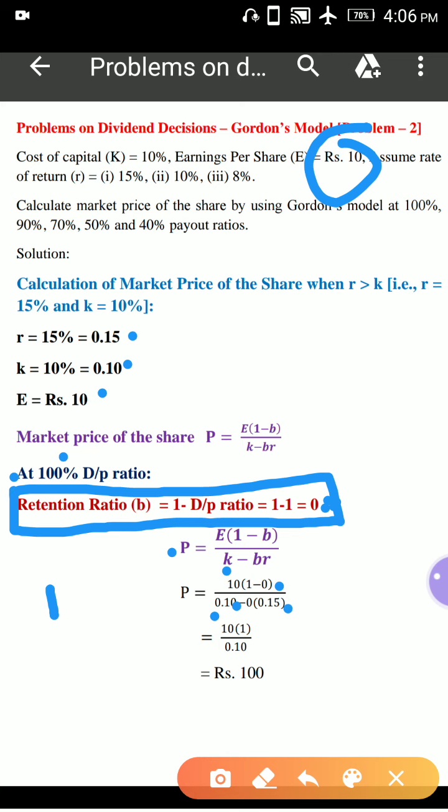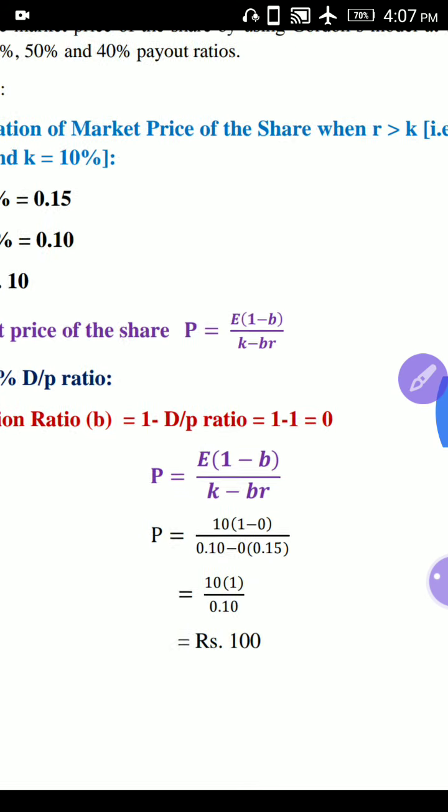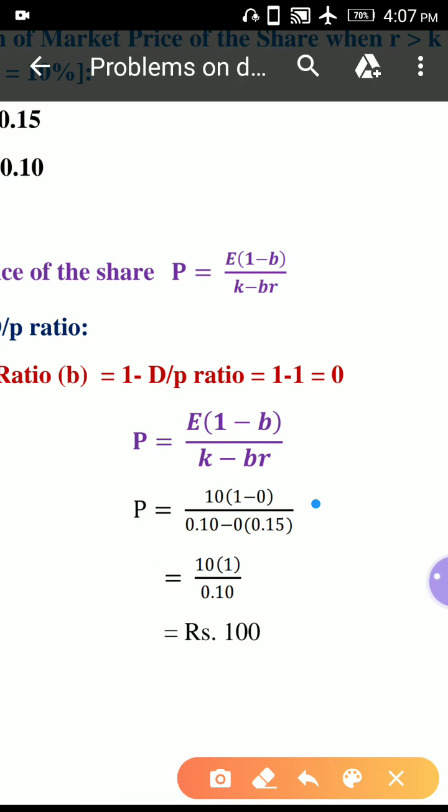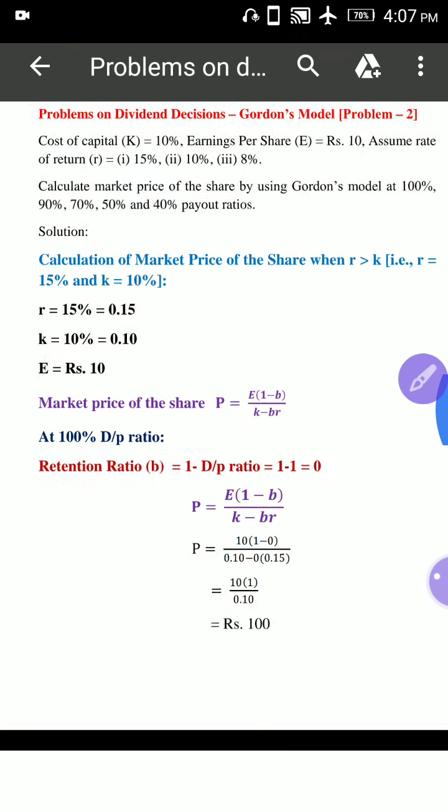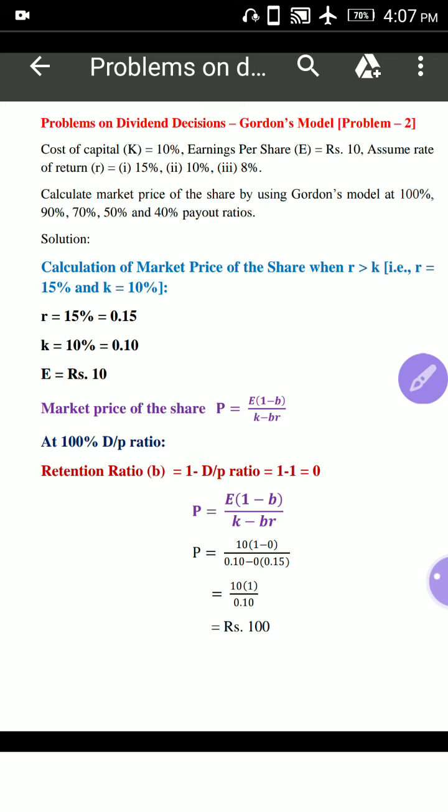That is 10 into 1 divided by 0.10 minus 0 into 0.15, which is 0. So that is 0.10. So that is 10 divided by 0.10, equal to 100. Now the market price of the share is rupees 100 at 100% dividend payout ratio.